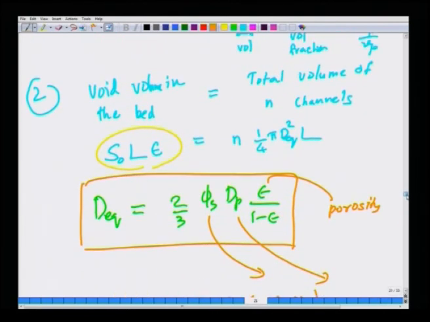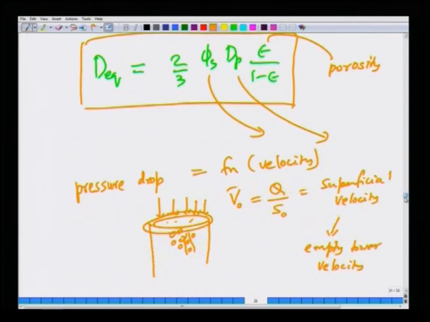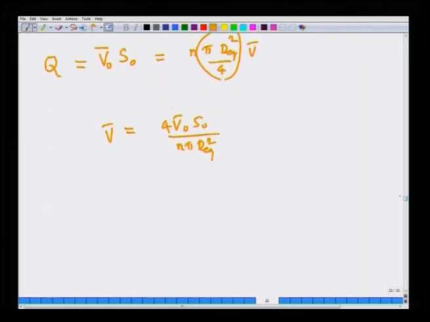Now, there is also the expression that relates n and S naught L epsilon. Once you substitute that, n times pi d equivalent squared by 4 is nothing but S naught times epsilon. So, V bar will become V naught by epsilon.